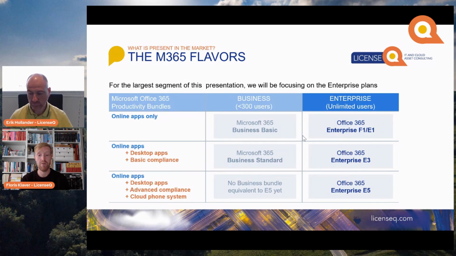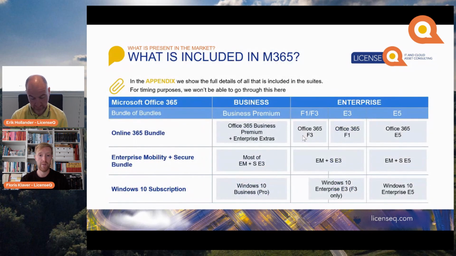And then you have the hero offering, which is Office 365 E5. There's not really a small or medium-sized business variant for this yet, but you have components that you can add together to get to that same flavoring. And it includes the desktop apps, advanced compliance, cloud phone system, and a lot more that we are going to be covering in depth.